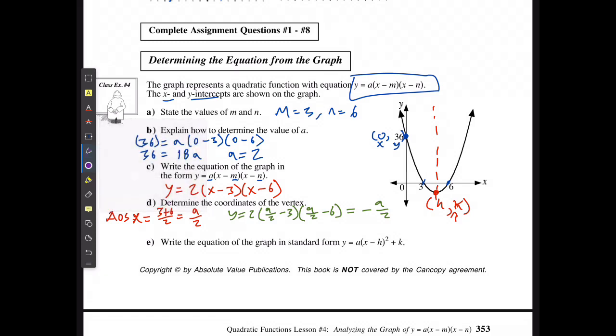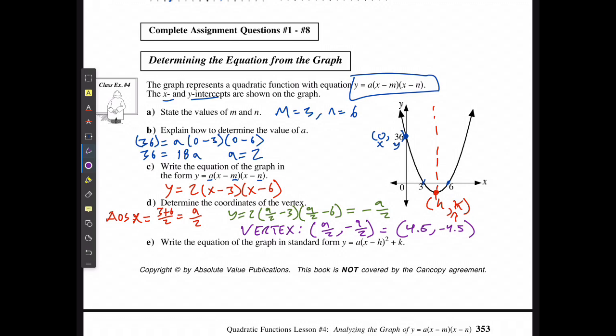Well, now I know that my vertex occurs at the point of 9 over 2 and negative 9 over 2. If you didn't leave them in fractions, but didn't have to round, and you said that it was at 4.5 and negative 4.5, that's also acceptable. Just make sure you're not rounding.